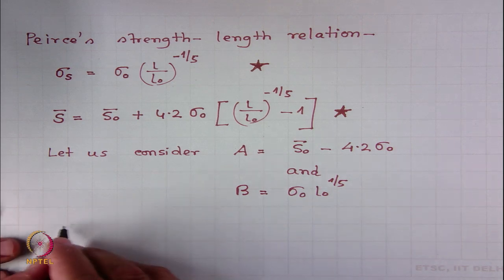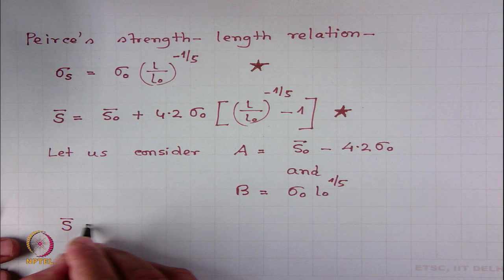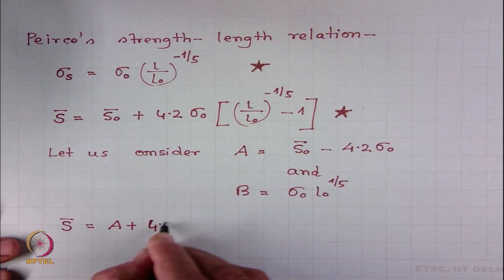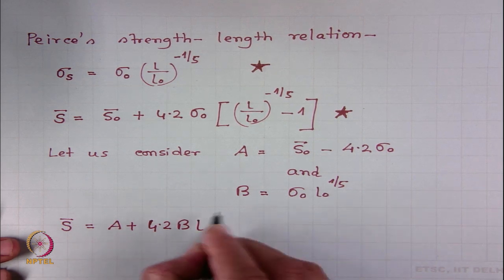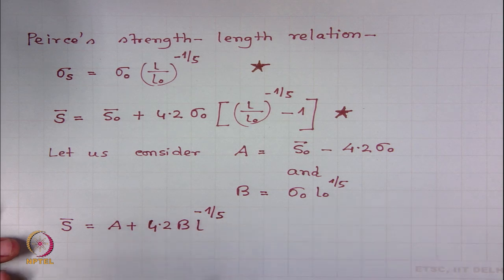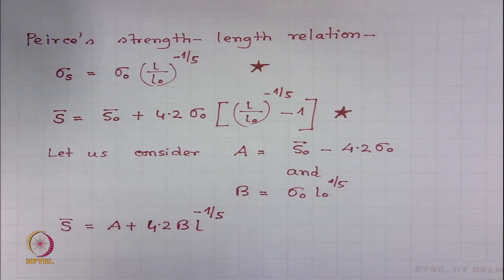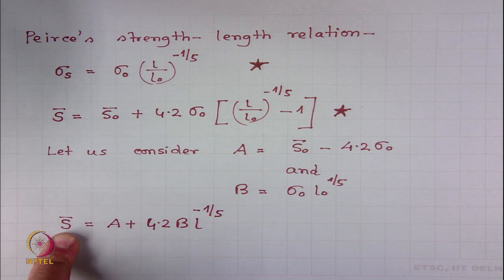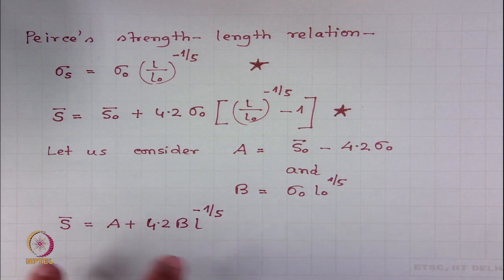Then we can write S equals A plus B L to the power minus 1 by 5. Why do we write in this form? Because here S is the strength at longer gauge length, L is the longer gauge length. These two parameters A and B are related to shorter gauge length. So, that is why sometimes it is expressed in this form.